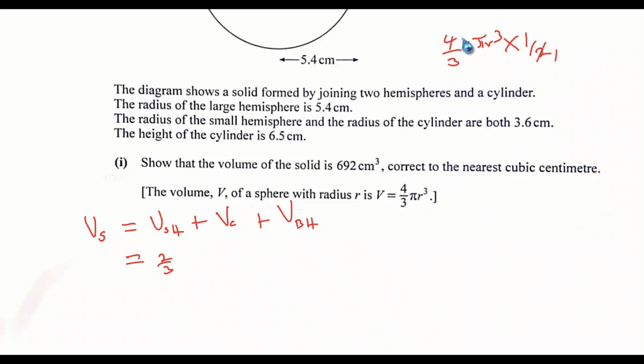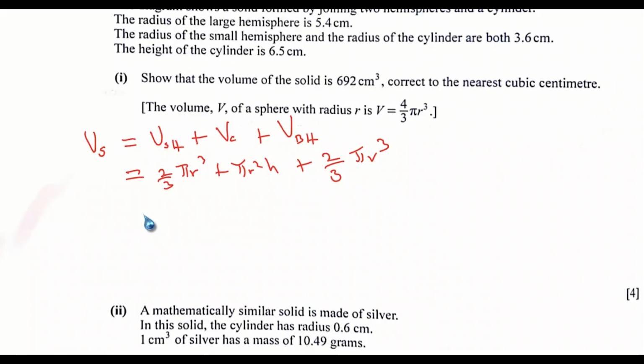The volume of a cylinder is pi r squared multiplied by h, plus the volume of the big hemisphere, which will also be 2/3 pi r cubed.